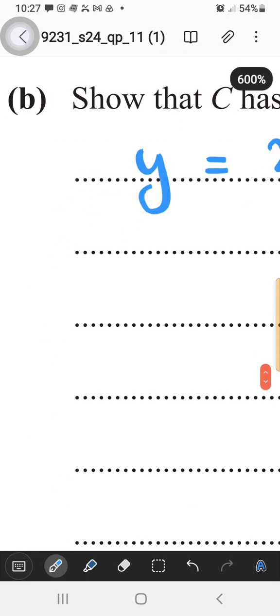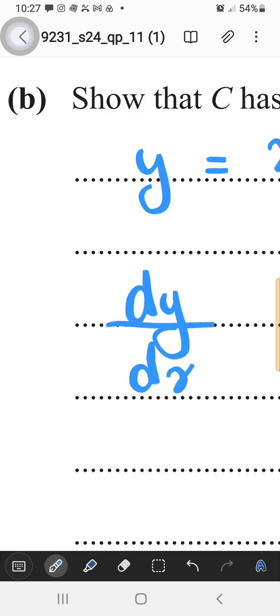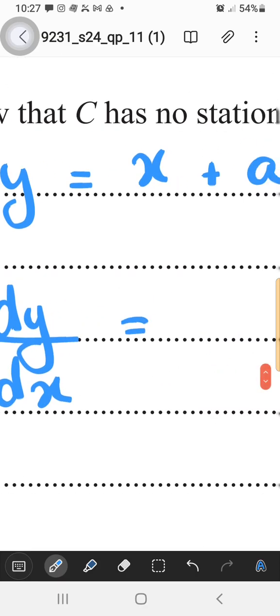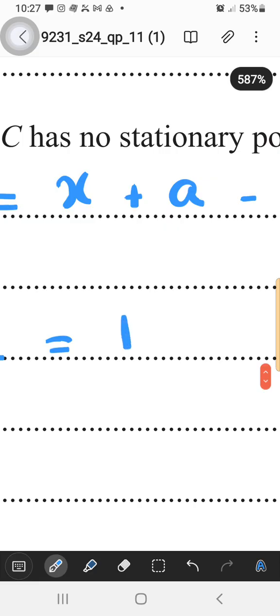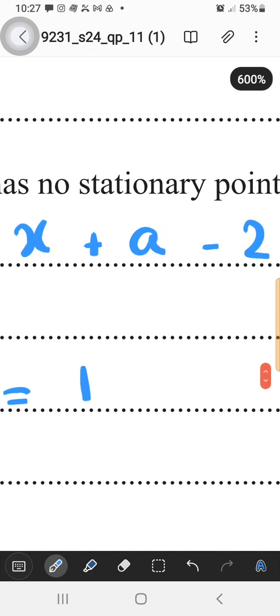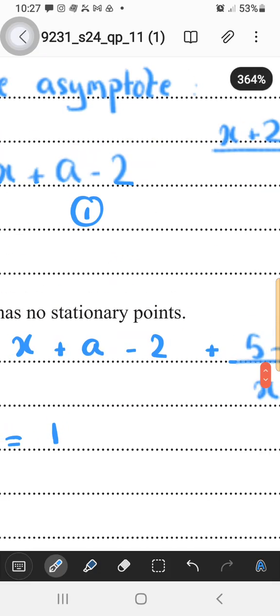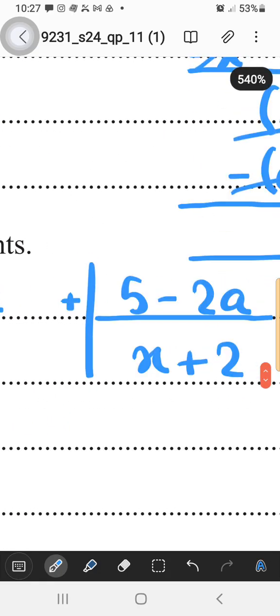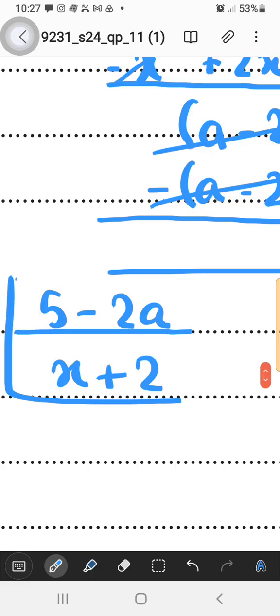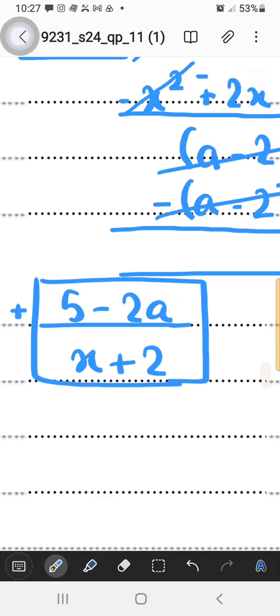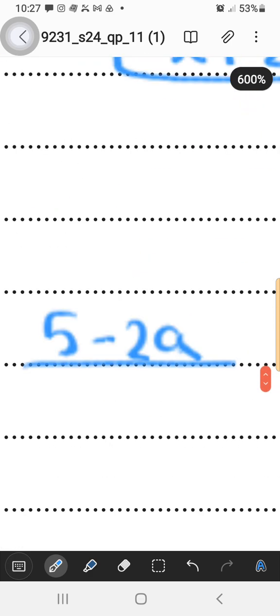Let me show you how. dy over dx is equal to, if we differentiate x it becomes 1. Differentiation of a is 0. Differentiation of negative 2 is 0. We have to differentiate this box, 5 minus 2a upon x plus 2.